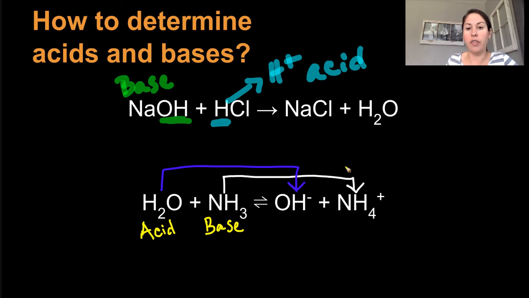And so this one over here, since it's a base, whatever it's connected to, the thing that's accepted the hydrogen ion becomes the conjugate acid. And whatever thing ended up losing that hydrogen ion becomes the conjugate base.